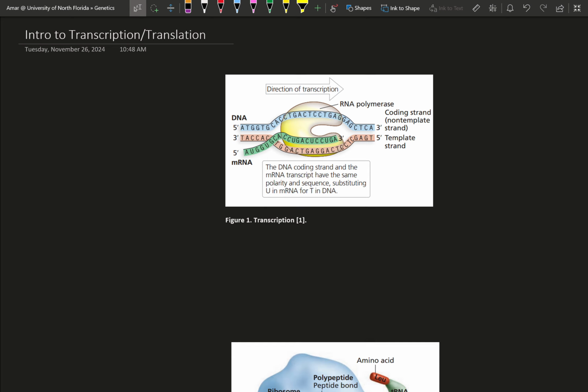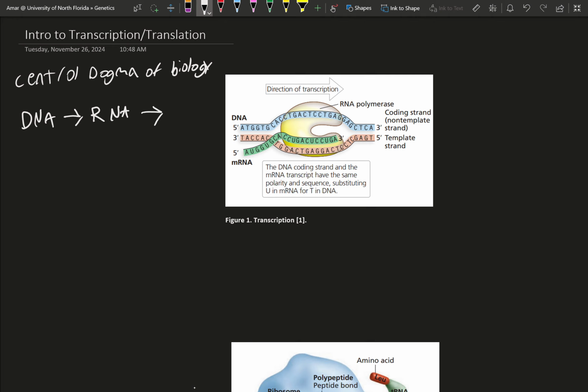This is essentially following back to what I talked about with the central dogma of molecular biology, where you have DNA, and then whenever you transcribe it, you end up with RNA, and then you end up with protein.